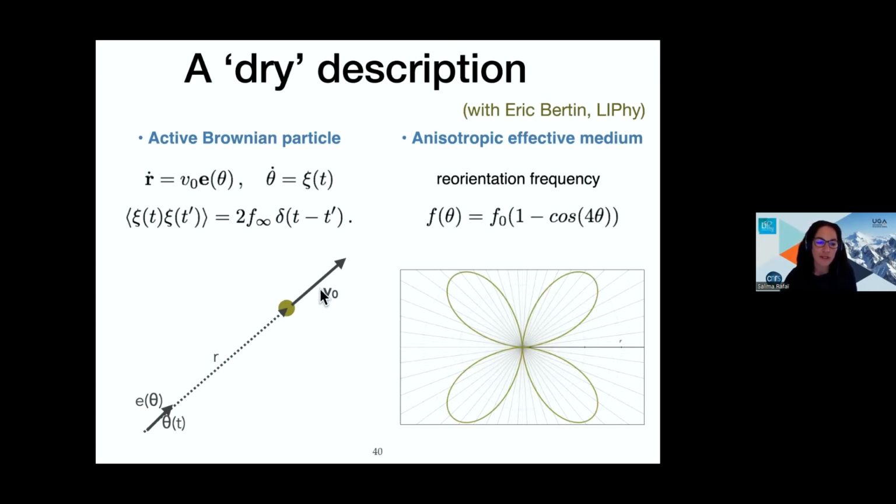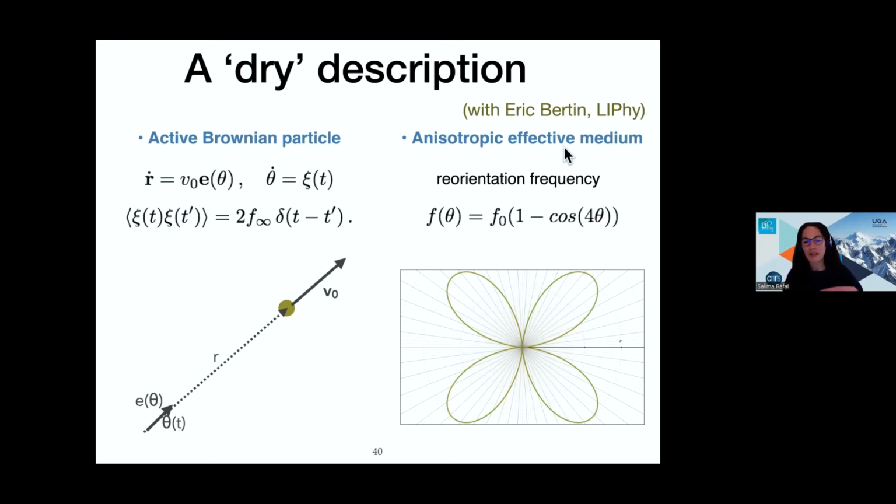So, inspired by this first observation, we modified the previous model a bit. This is still an active Brownian particle. It has a constant velocity, so there's no coupling with the environment, no explicit hydrodynamic coupling. This is a simple active Brownian particle, and the medium has been included in the model as an effective medium.